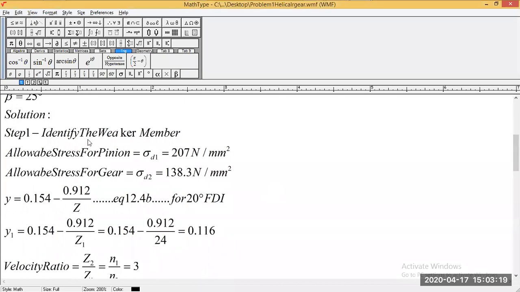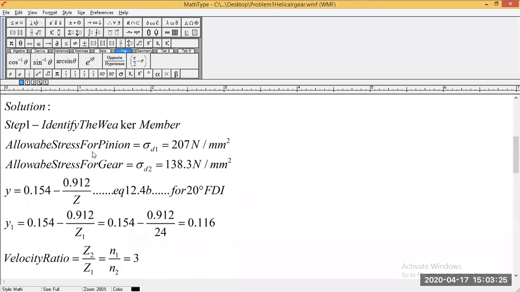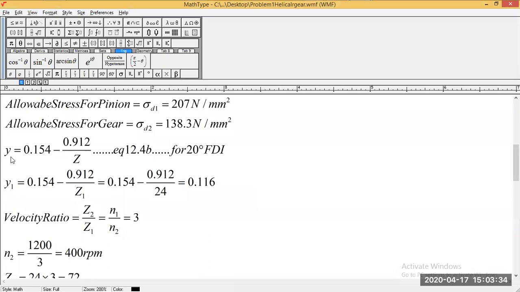So in step 1, we were assigned with identifying the weaker member and allowable stress from the table for materials. We noted two different allowable stresses and the Y, which is the form factor.